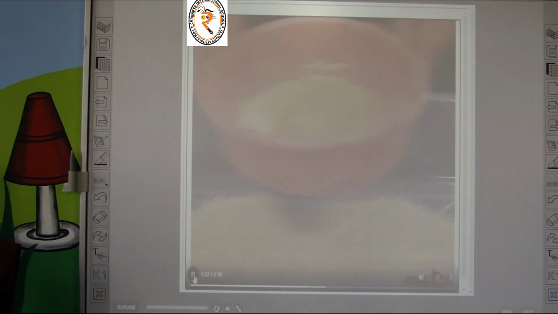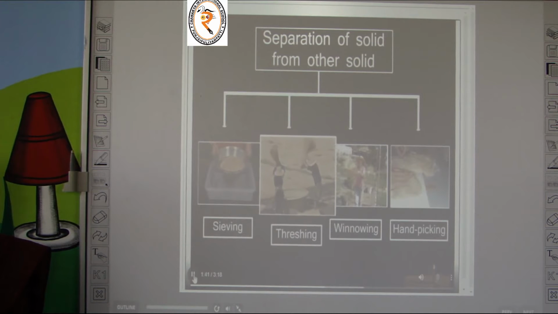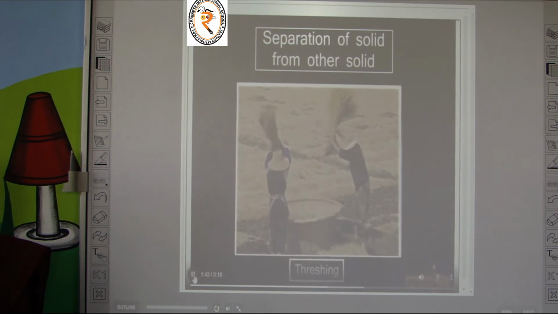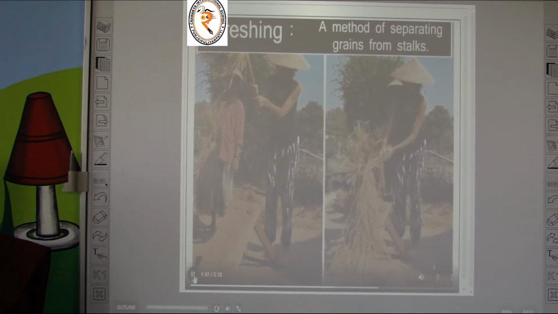The sieve used for sifting the flour has very small holes, which allow only very fine flour particles to pass through them. The coarse particles are left behind in the sieve. Another method used for the separation of solids from their mixture is threshing. Threshing is an act of separating the grains from the stalks.